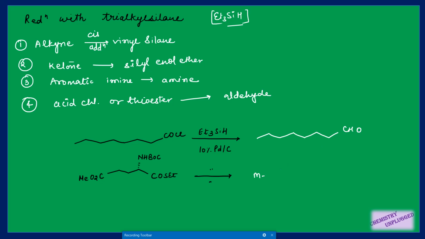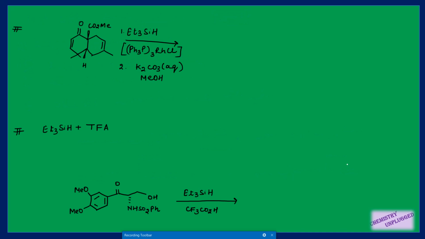Then similarly in this case, this thioester group will form an aldehyde and this bond will remain unaffected. This NH bond will remain unaffected. Otherwise this palladium over carbon can cause hydrogenolysis, but in this particular case it will remain unaffected.